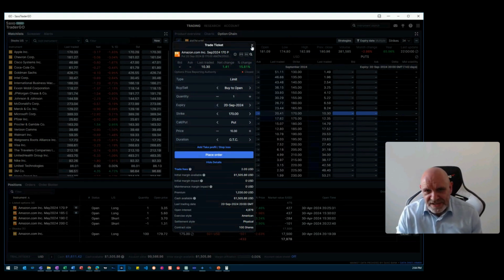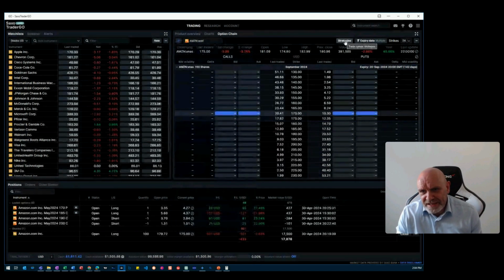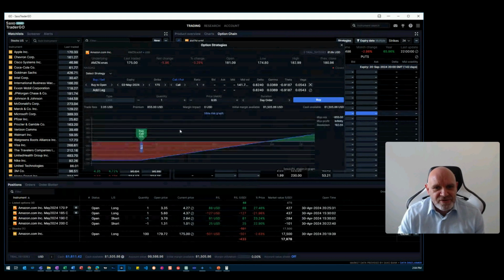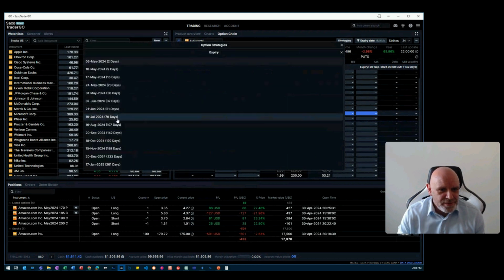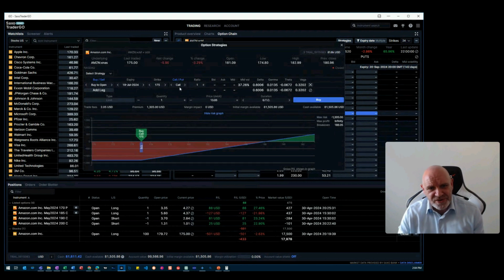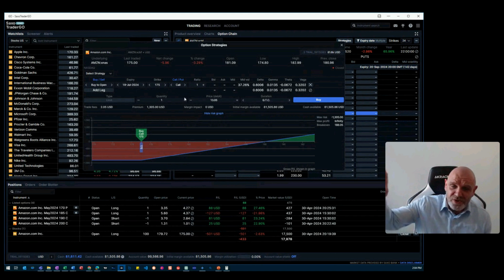Okay, so I'll keep it at that. Maybe interesting to know is if you click on the strategies button here, you can actually see a risk graph, which is if you buy to open a call on, for example, just showing something real quick, 175, a call, that would mean you speculate on the rise of the price.